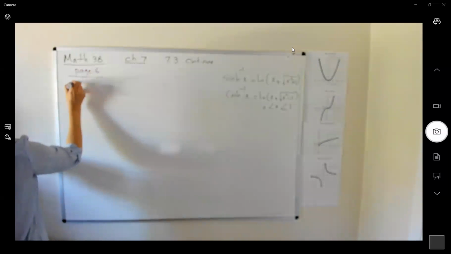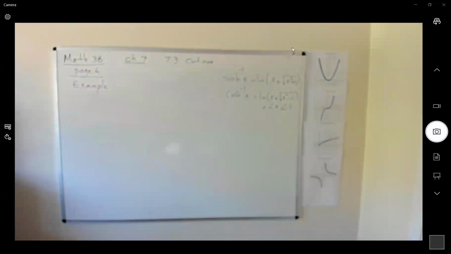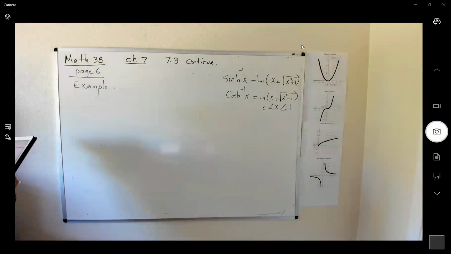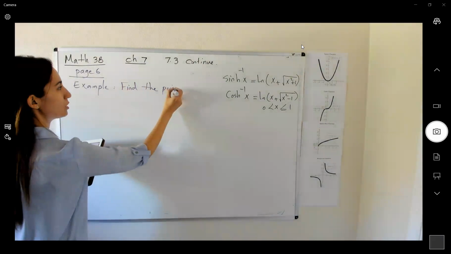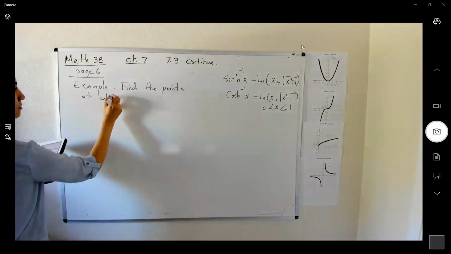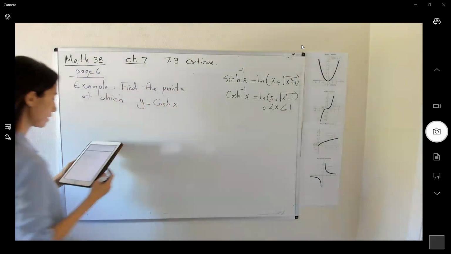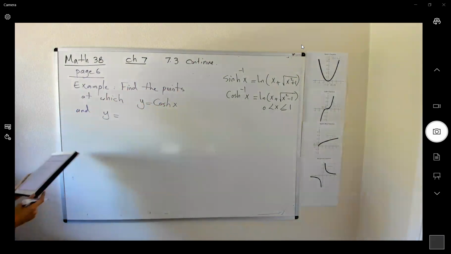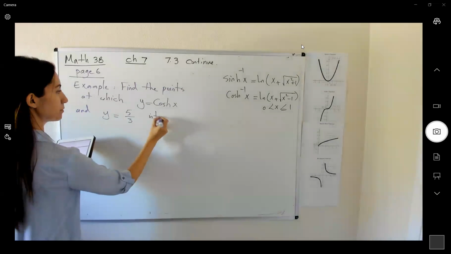In page 6, we have an example saying that, find the points at which the function y equals hyperbolic cosine x and line y equals 5/3, so we have the constant function, intersect.